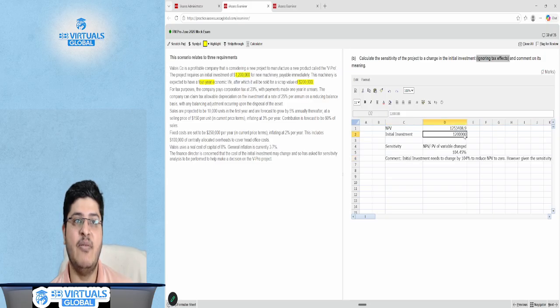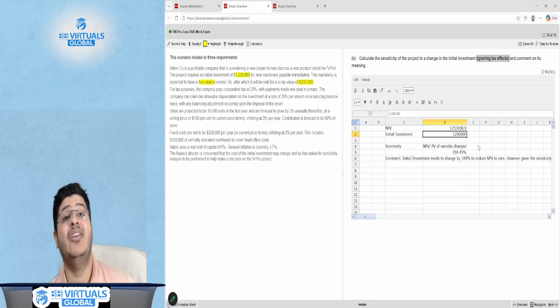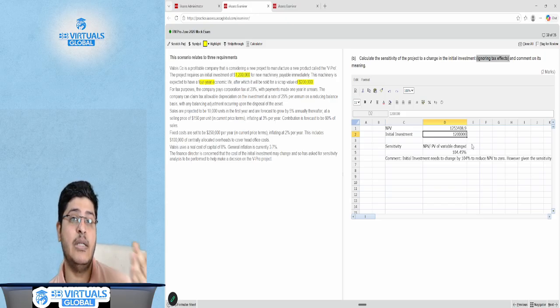If your initial investment was to increase from $1.2 million to $2 million, then your annual depreciation would have also changed, which means your tax allowable depreciation would have also changed. So technically speaking, you should consider the change in the tax allowable depreciation and the incremental tax savings also, and the present value of that also. We have said do not consider any of it. You just consider the initial investment.